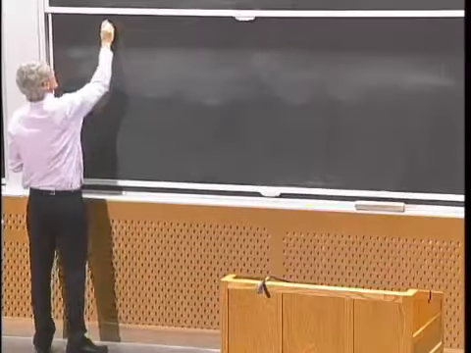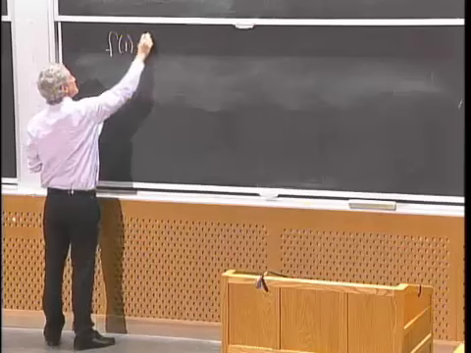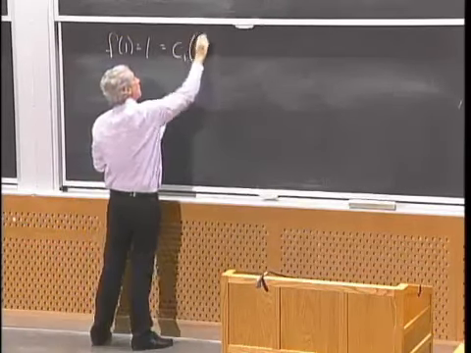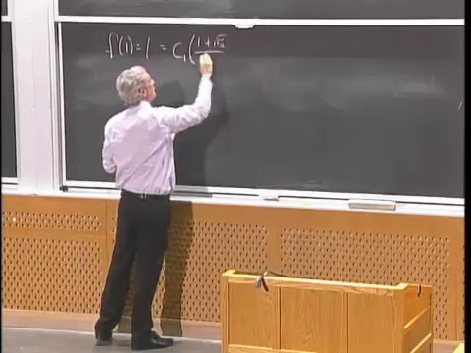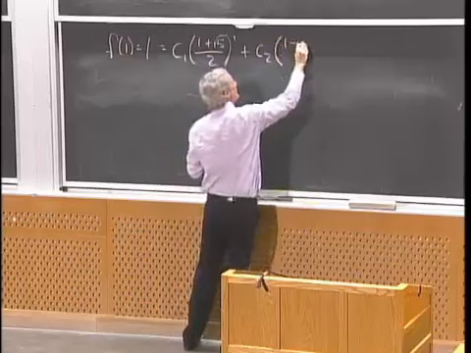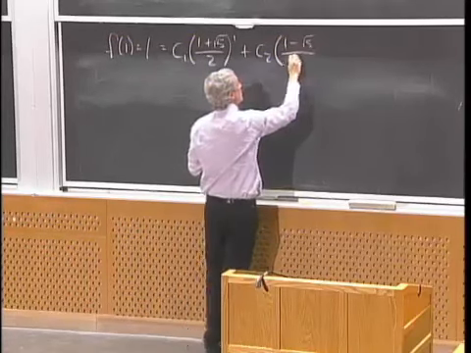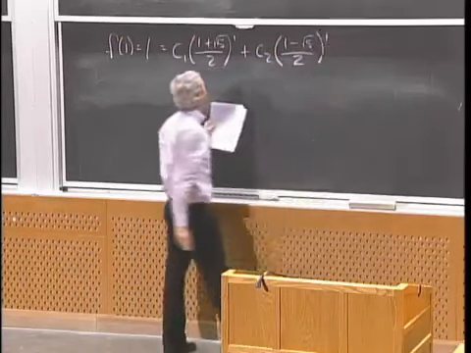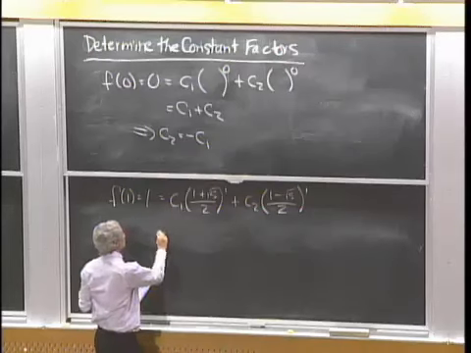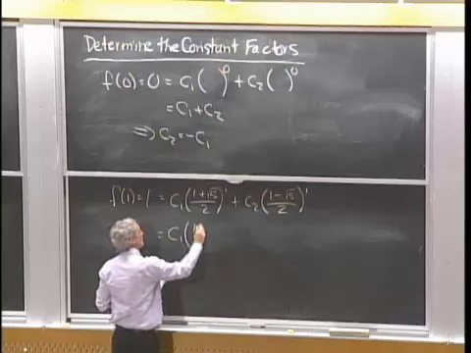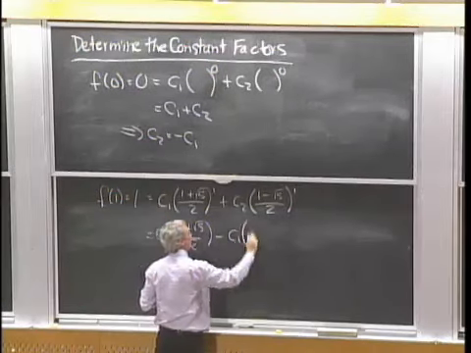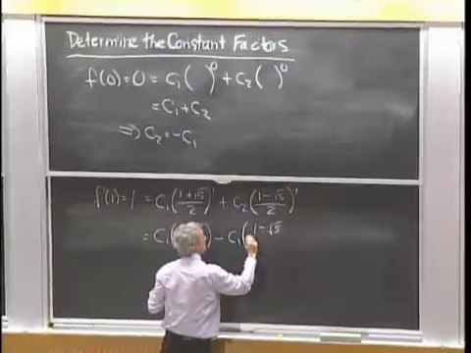All right, so I know also that f of 1 is 1, and that equals C1 times (1 plus square root of 5 over 2) to the first power, plus C2 times (1 minus the square root of 5 over 2) to the first power. I plug in C2 as minus C1, so I get C1 times (1 plus square root of 5 over 2), minus C1 times (1 minus square root of 5 over 2).